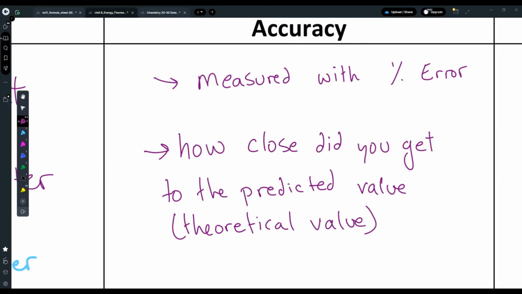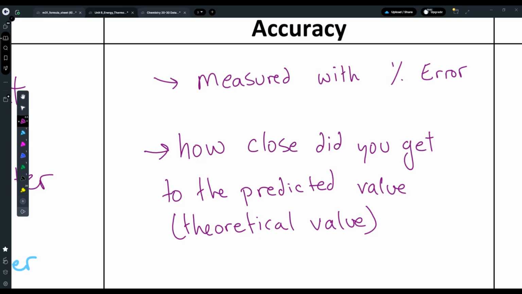Okay, so another example would be in Chem 20 with stoichiometry calculations. Let's say you predicted the amount of product that you should have gotten out of a reaction. But when you actually do the reaction in a lab, you should get a little bit less than your predicted value, right?